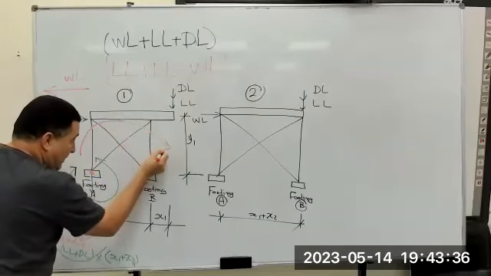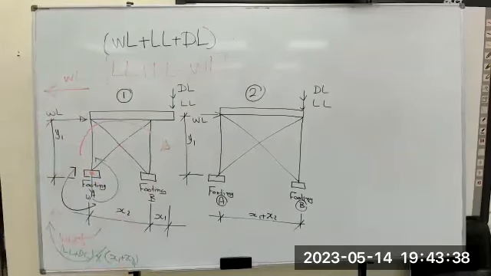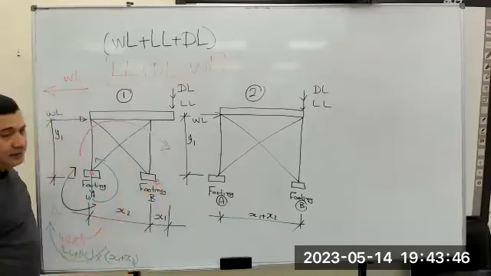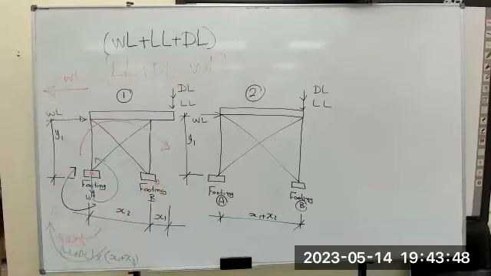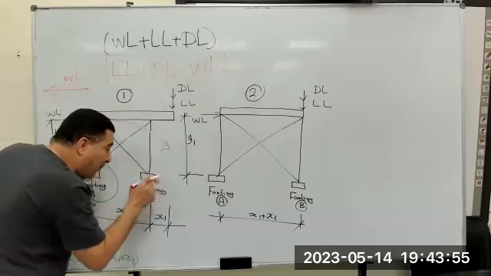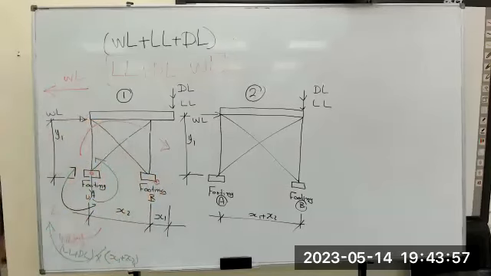Correct or not? This is the uplift. All the system, is that right? Well, this point could have overturning as well. So for sure 100% uplifting for footing A, but there is overturning for footing B. Correct or not?